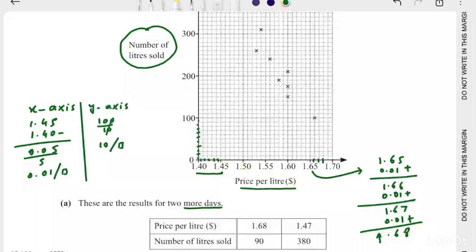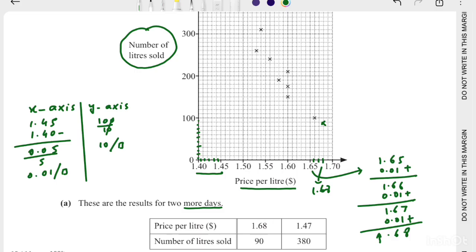So along the y-axis now it is 90. So 90 would be here. So in this way we can plot these coordinates one by one.